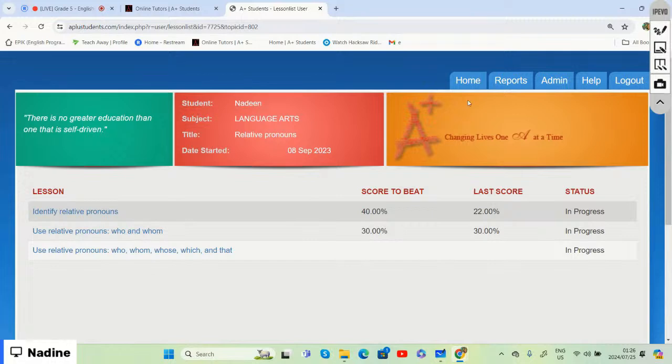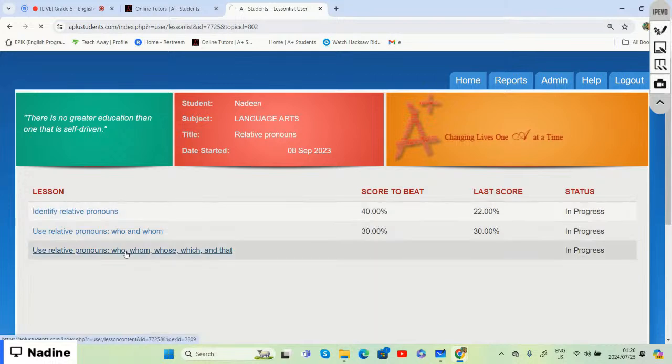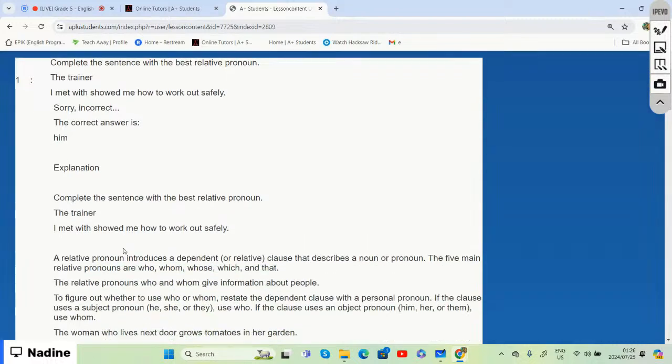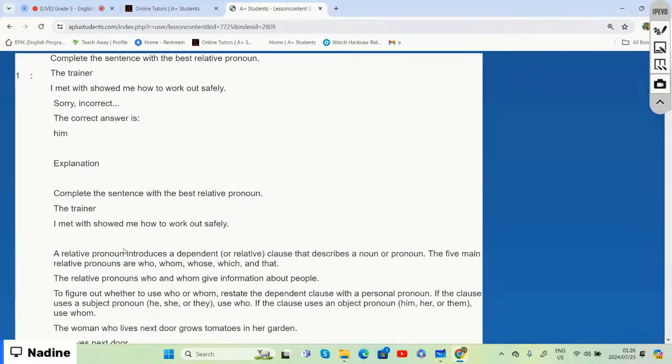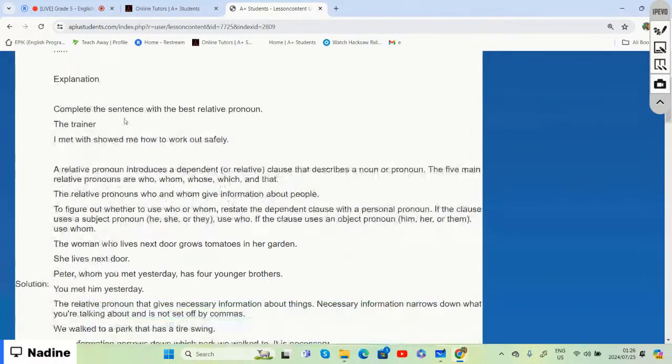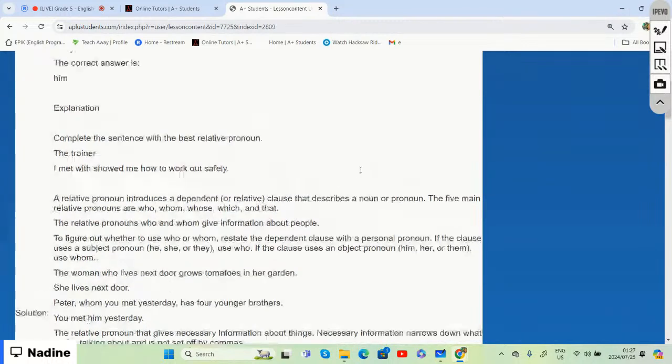Now we're in the last lesson, which is to use relative pronouns such as who, whom, whose, which, and that. And we gave a description on how to use the relative pronouns. So now let's go to our test.